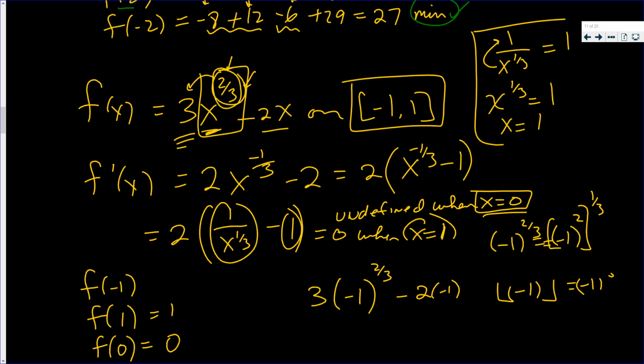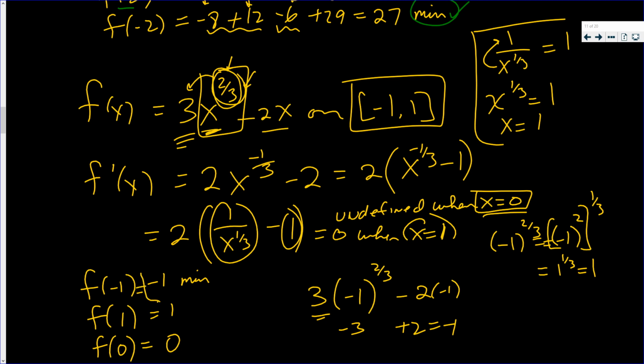Now, the nice part is -1 squared is 1. This is 1 to the 3rd, which is 1. Times 3 is 3, plus 2 is 5. Okay, so we have a possible min. So I look for the smallest number and the largest number. We have a possible min of -1, and we have a possible max of 1.